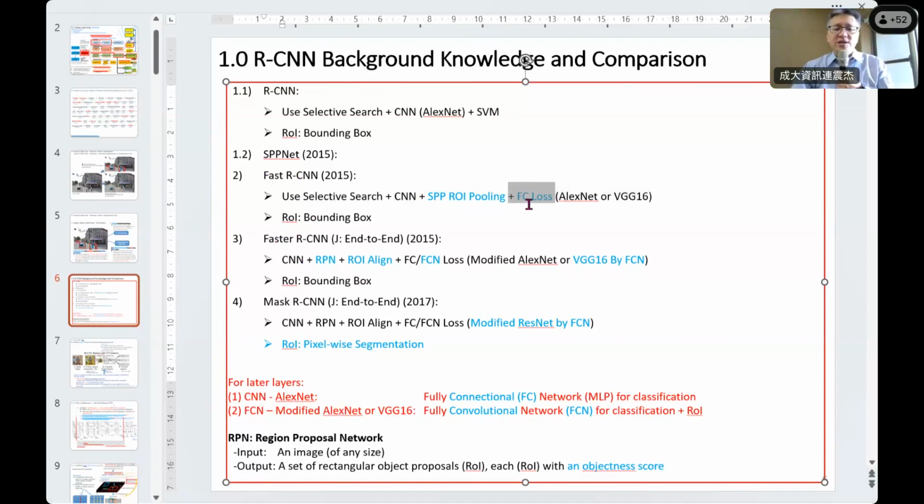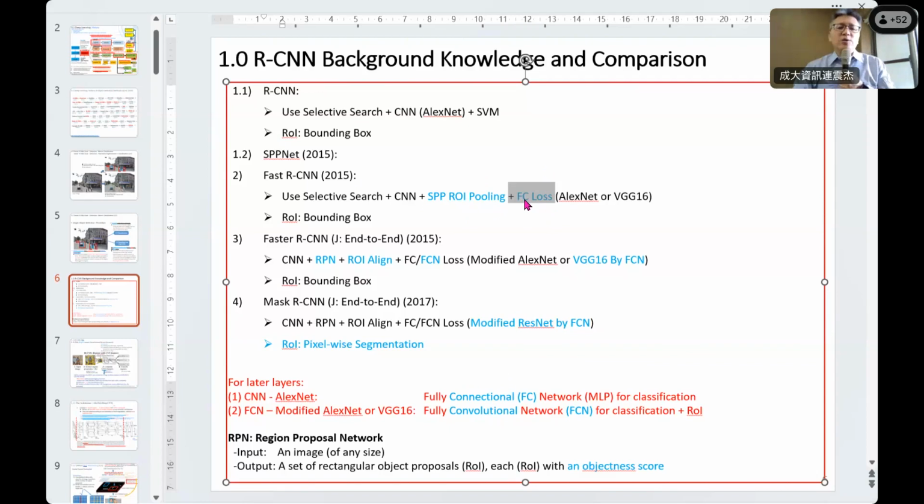Again, originally for the classification, people used machine learning methods like SVM, like LDA, something like that. But in year 2015, people started using neural networks. This FC here I call fully connected network. Actually, it's a neural network, so they have a loss function.